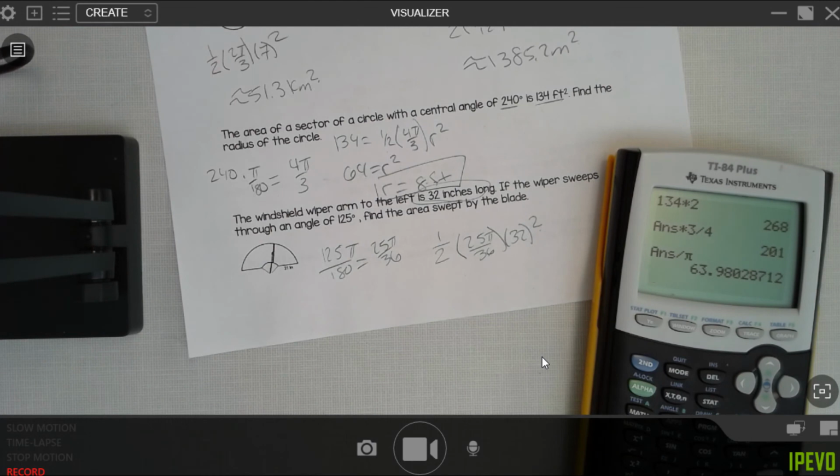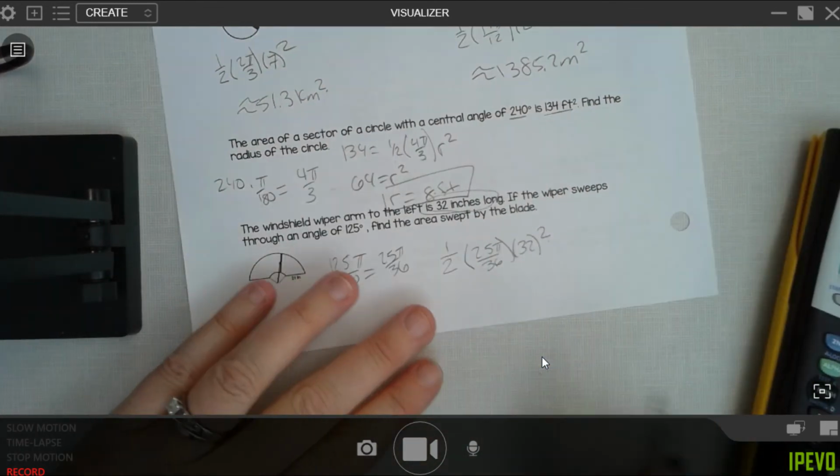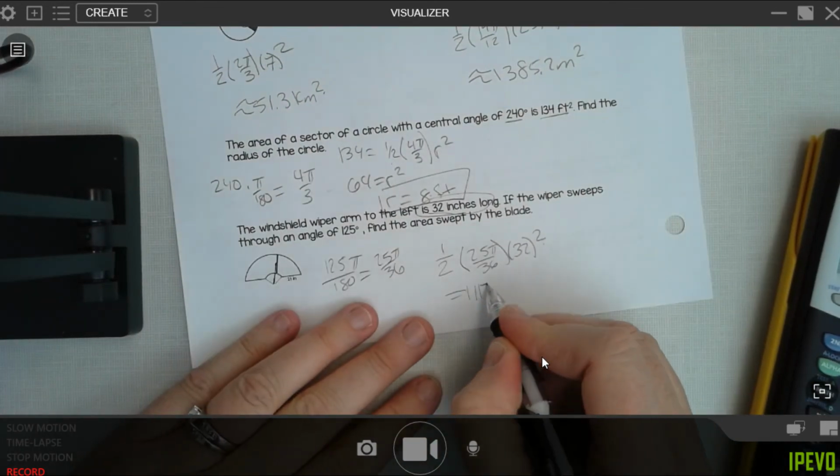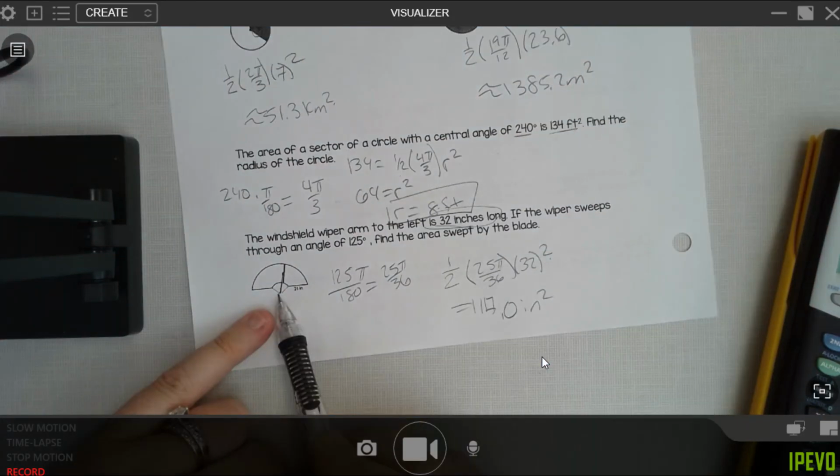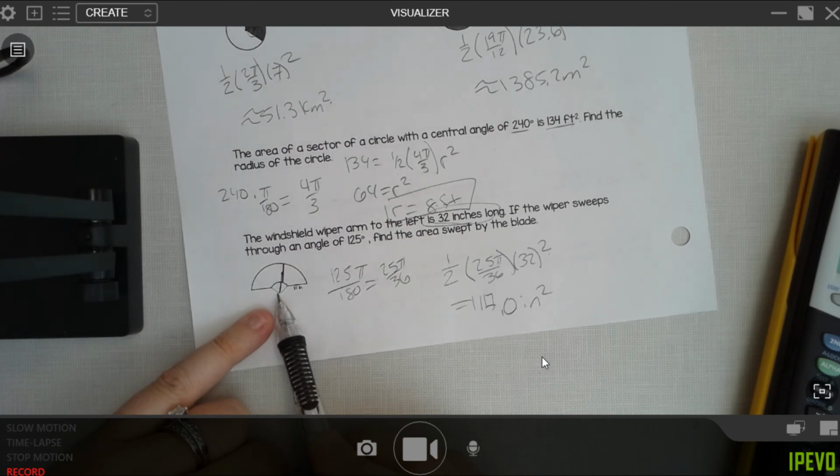Let's see. Hold on. I think I read this wrong. Oh, so this right here is only 11 inches.